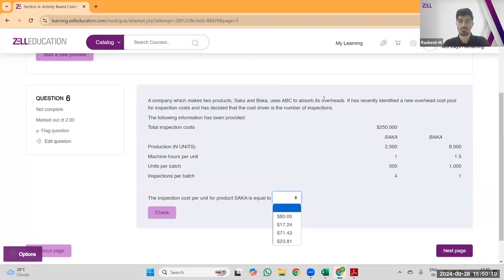Rupinder, that's correct. Take another minute, try solving it, then I'll also do it.